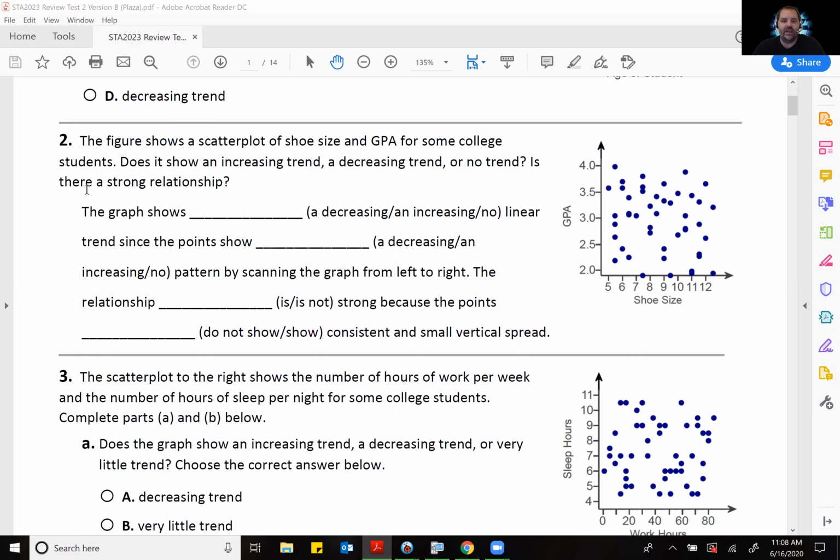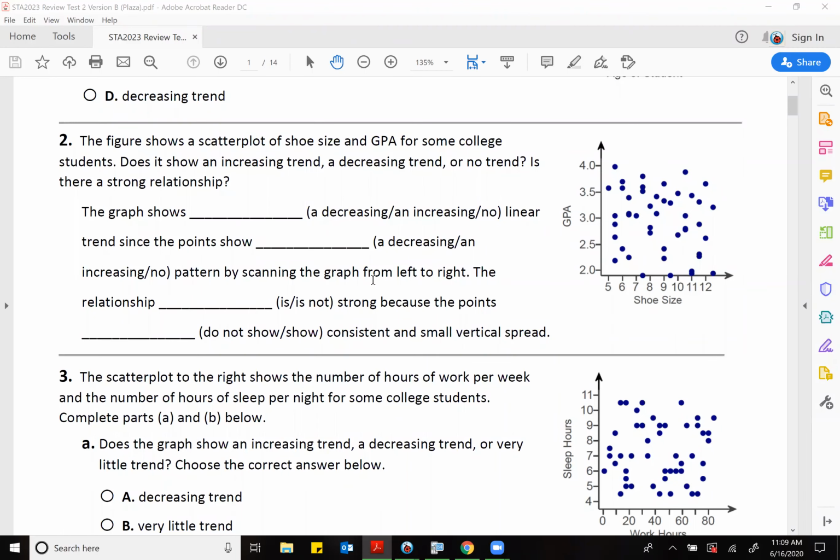Does it show an increasing trend, a decreasing trend, or no trend? Is there a strong relationship? So what do you think? No trend. Yeah, definitely no trend. Is there a strong relationship then? No.